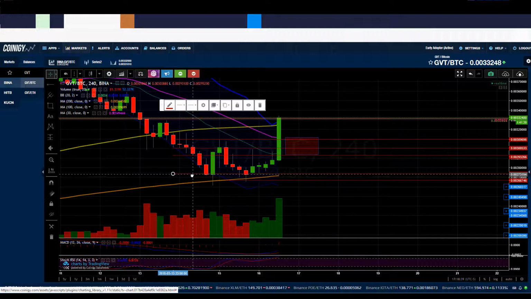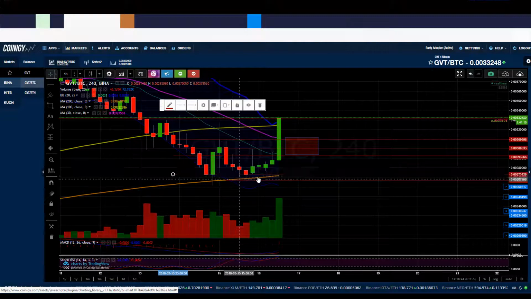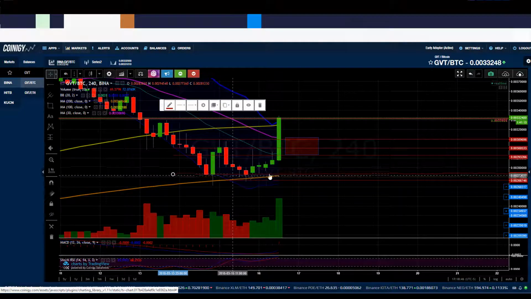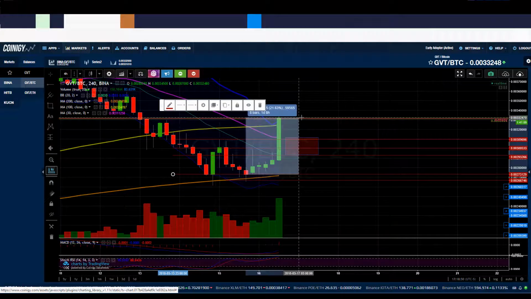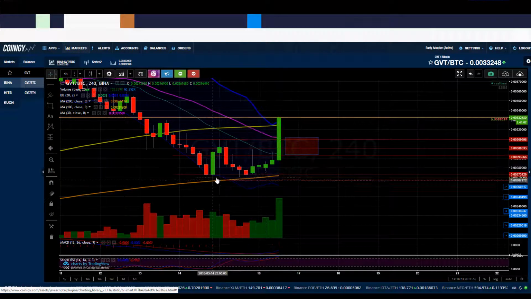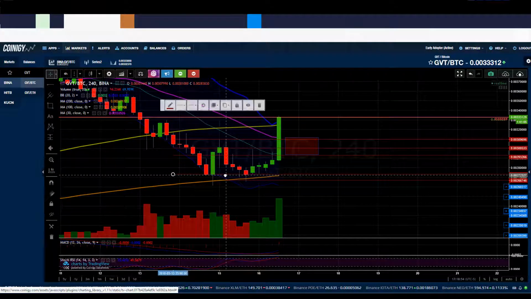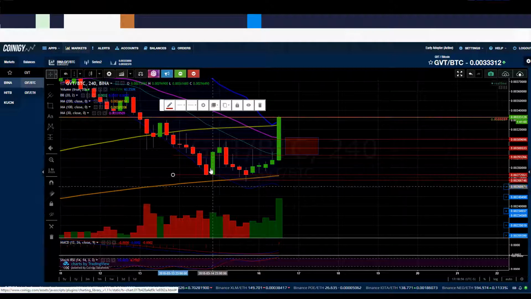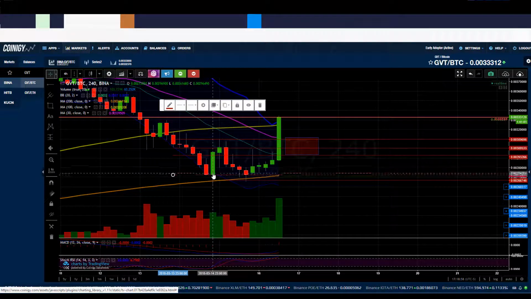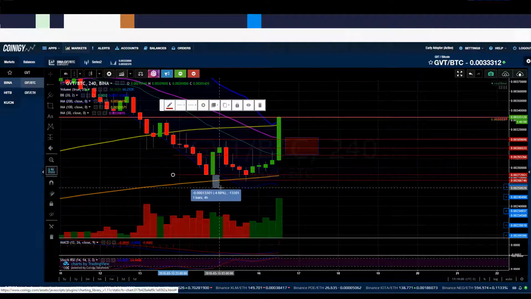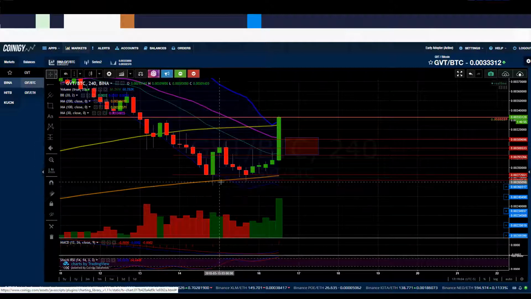So here's a support. You notice this support held up on the 4-hour. So it held up, and then what did it do from there? It rose. Now remember, just because price goes below support doesn't mean it's broken. Support is elastic, right? So it went down 4% from this support line.